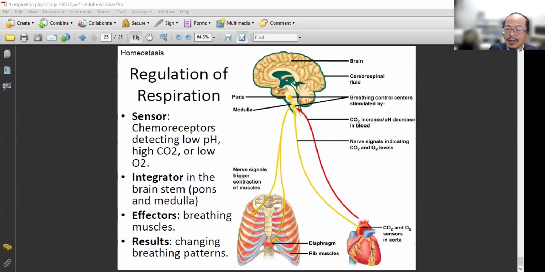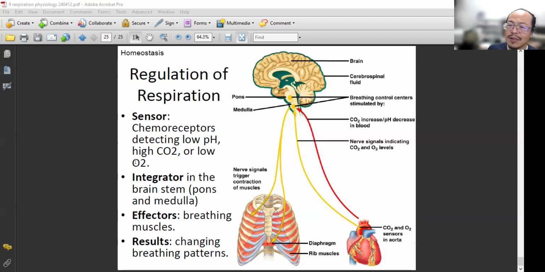So if the CO2 level is high, if the pH level is low, if the O2 level is low, then we will force that muscle to breathe much faster. As a result, we can reduce the CO2, reduce the acid, and also supply the body with enough O2.